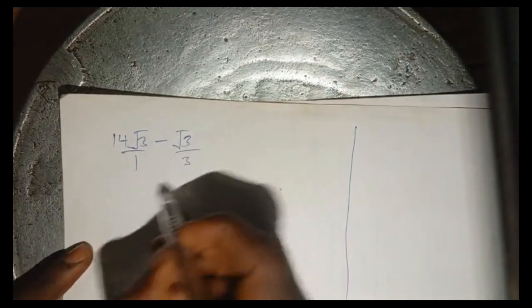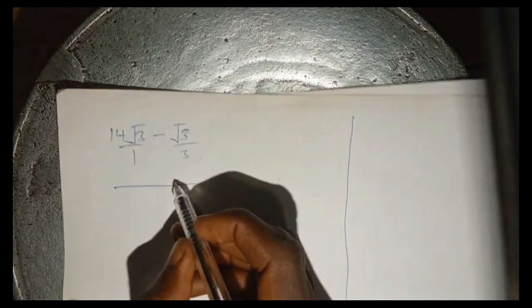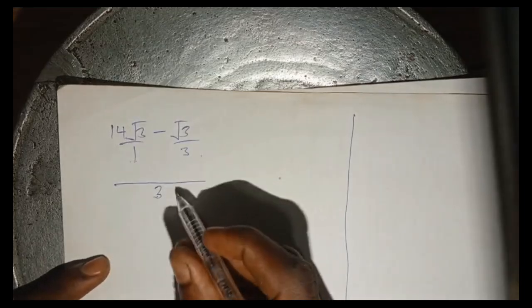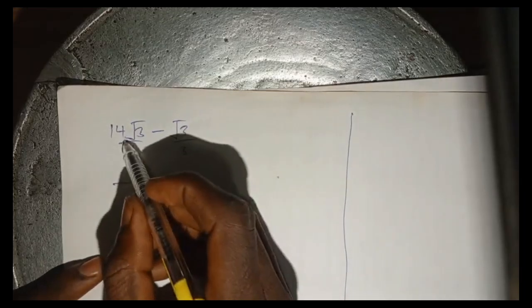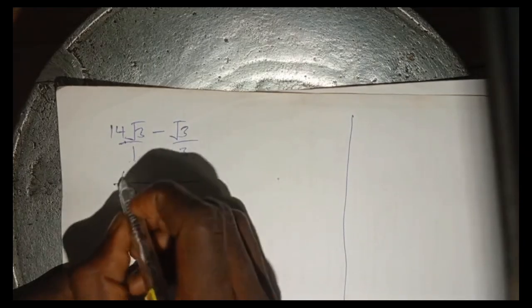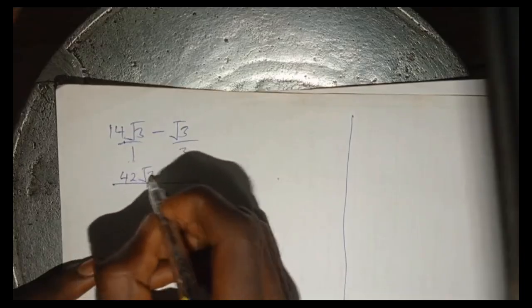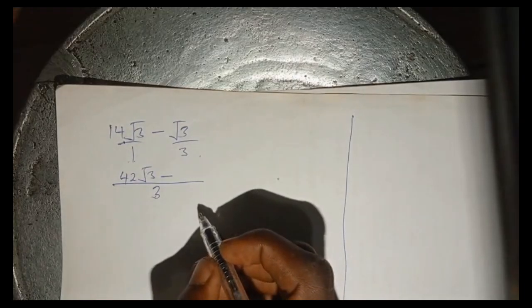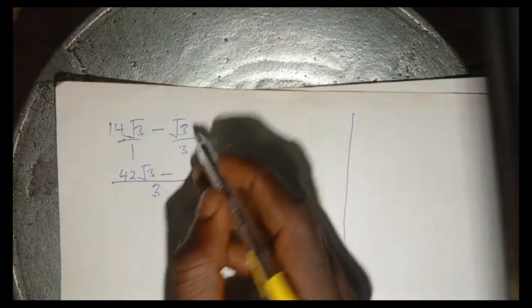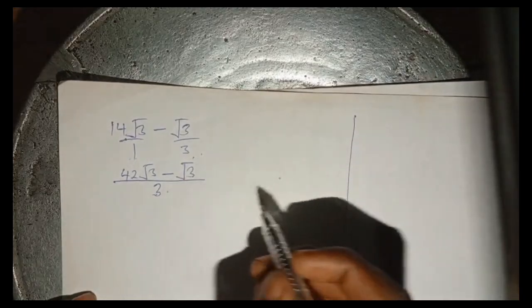So this is over 1. LCM of 1 and 3 is 3. 3 divided by 1 is 3 times 14 is going to be 42 root 3 minus 3 divided by 3 is 1 times root 3 is root 3, right?